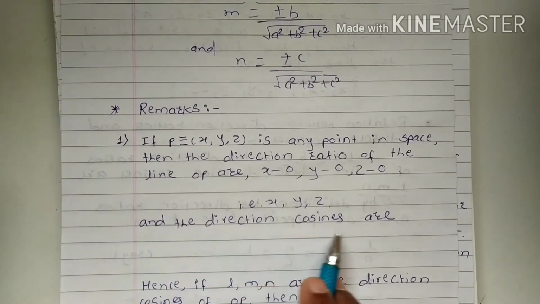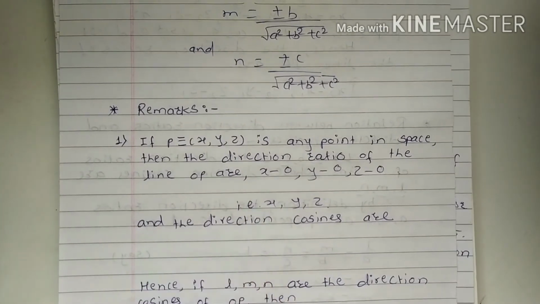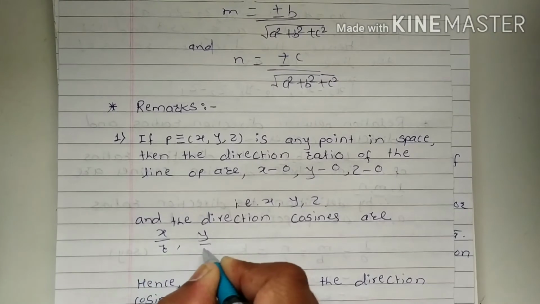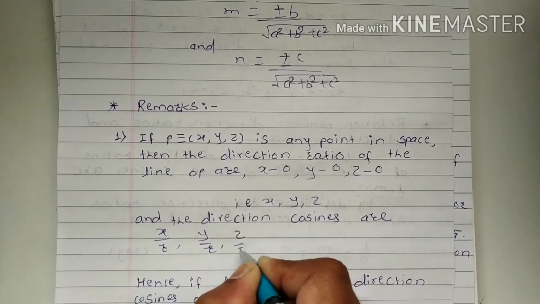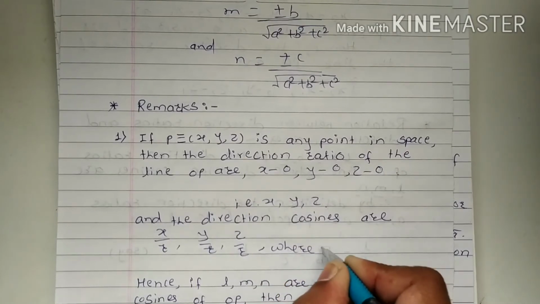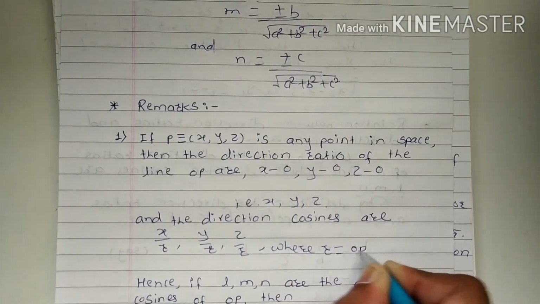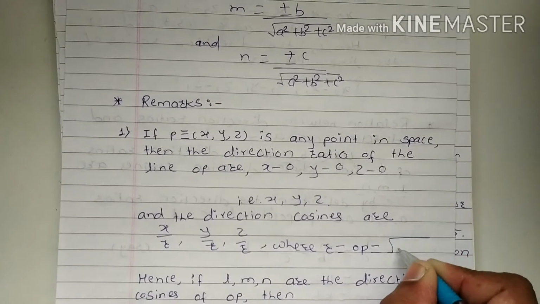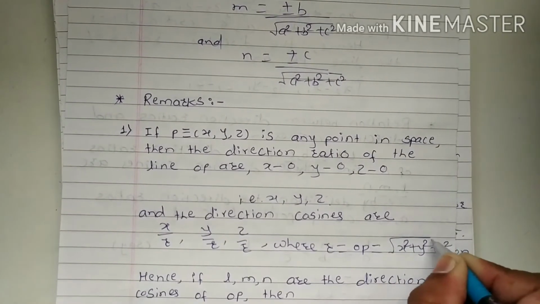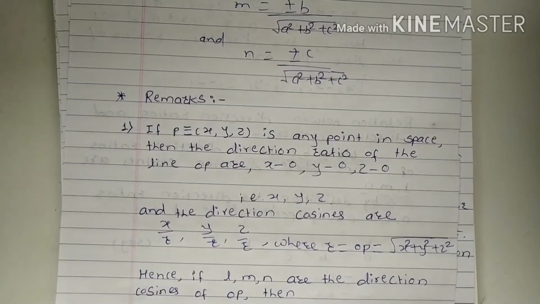And direction cosines are proportional, that is x divided by r, y divided by r, z divided by r. Here the value of r is equal to OP, which is under root x square plus y square plus z square.